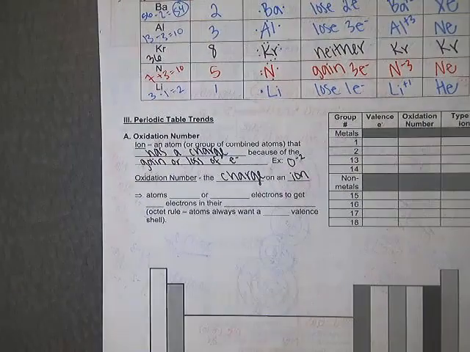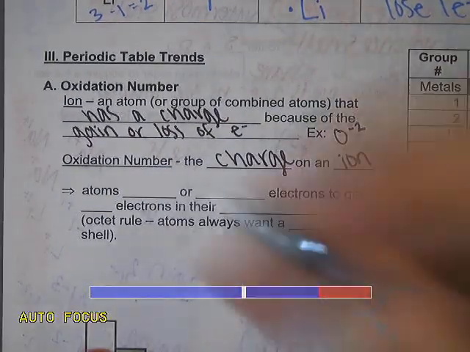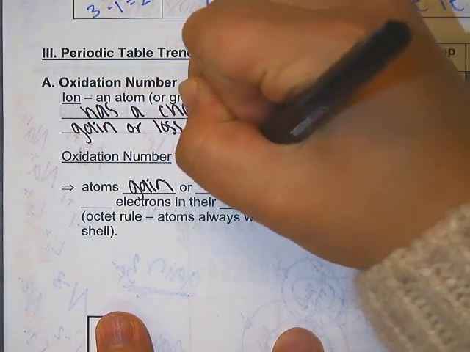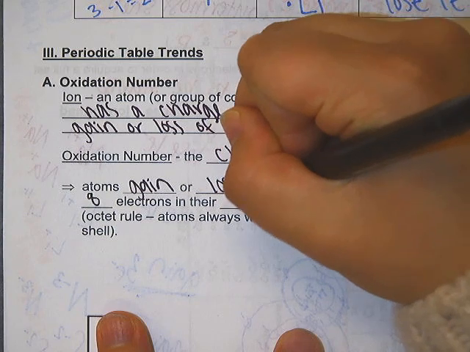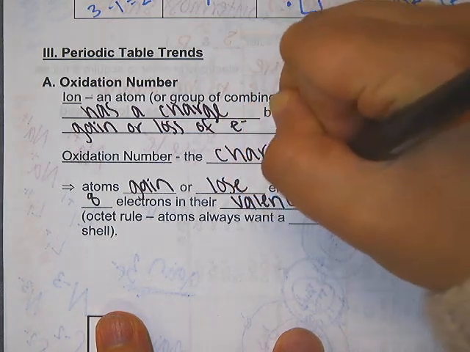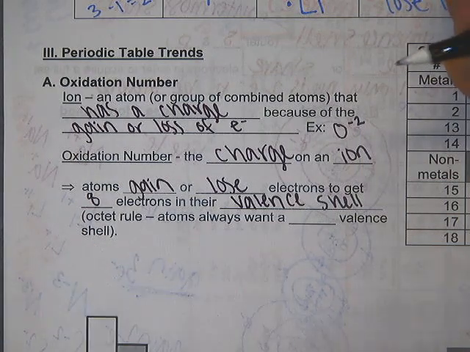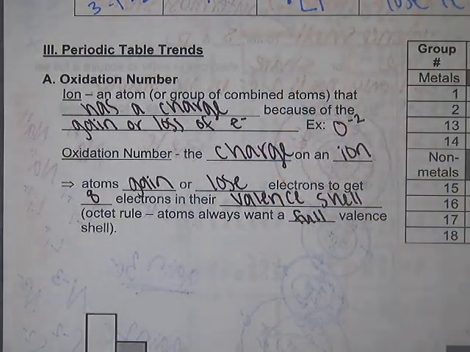So if we come back to this page, it's just reiterating what we've already been practicing, that atoms will gain or lose electrons to get 8 electrons in their valence shell. The octet rule tells us that atoms always want a full valence shell.